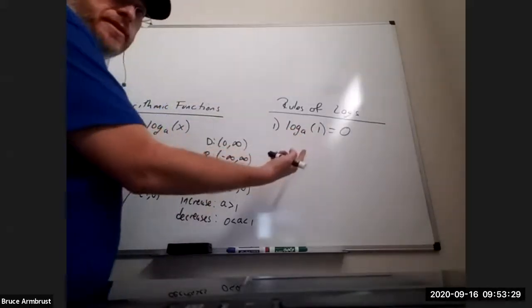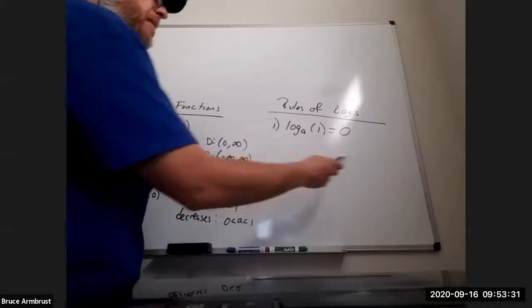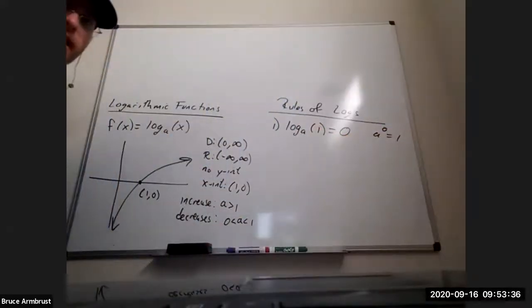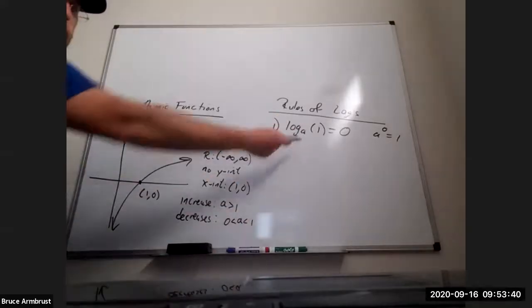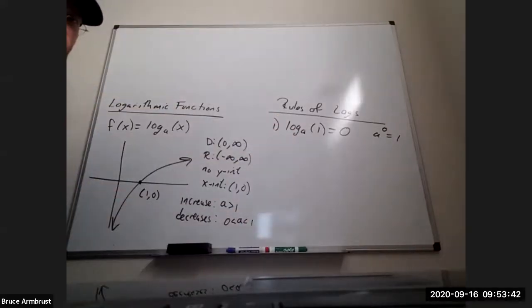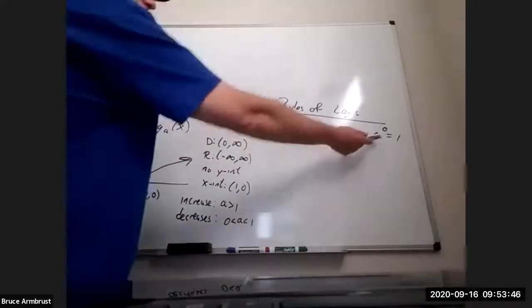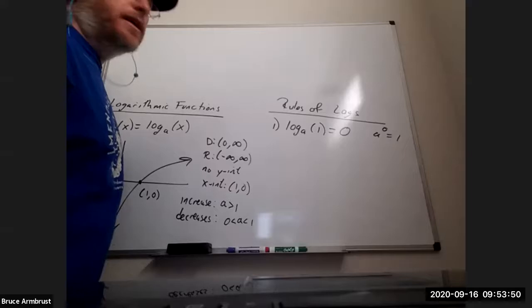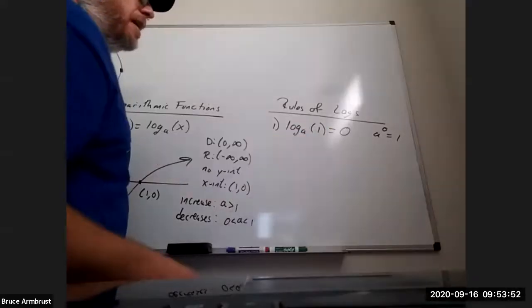Now, why is this? Remember this rule? A to the 0 equals 1. That's exactly what this is. That exponential rule that you know, well, maybe not love, but you know it by this point, is the same as the corresponding log rule.